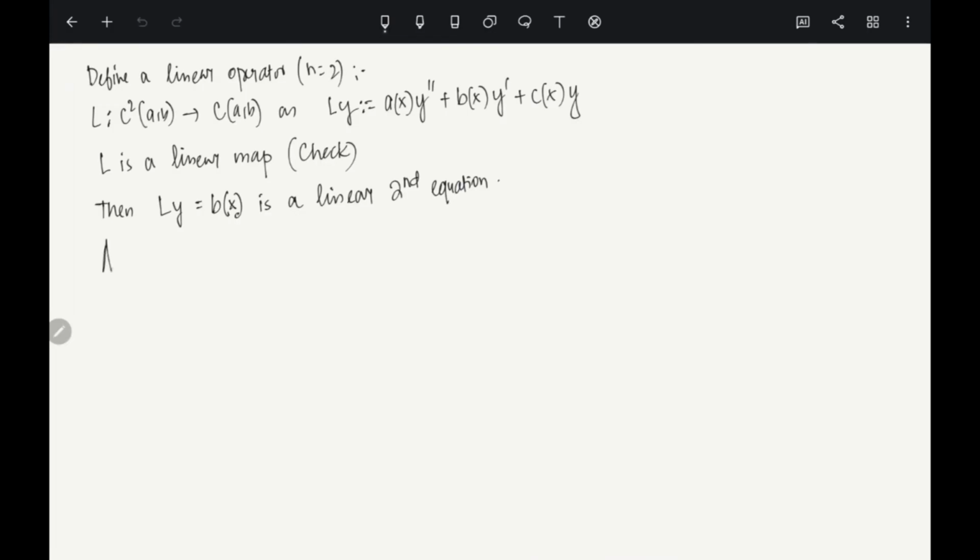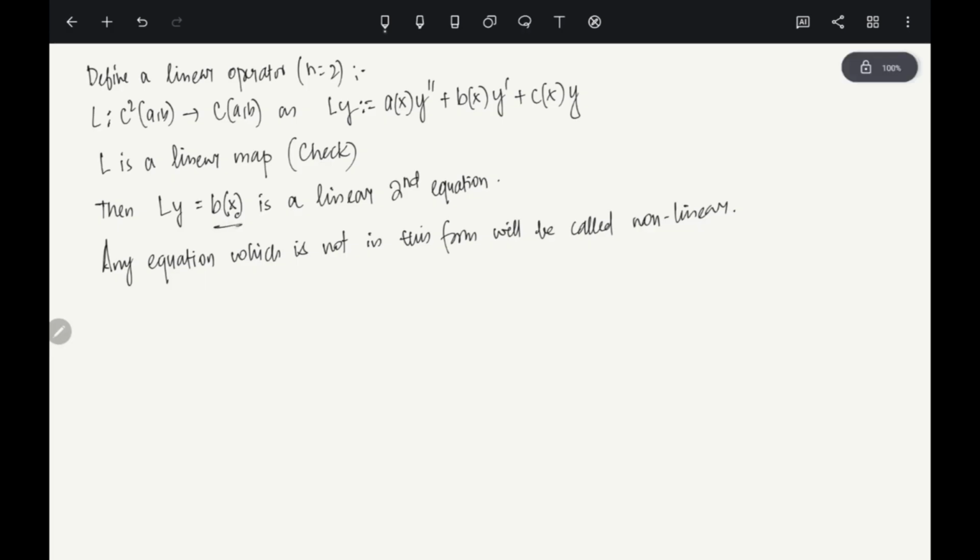Now any equation which is not in this form will be called nonlinear. Is this clear? Here also please check that b does not depend on y, b explicitly will depend on x.